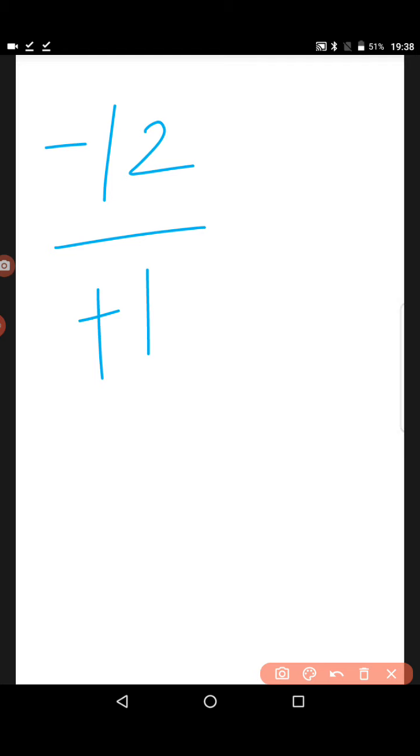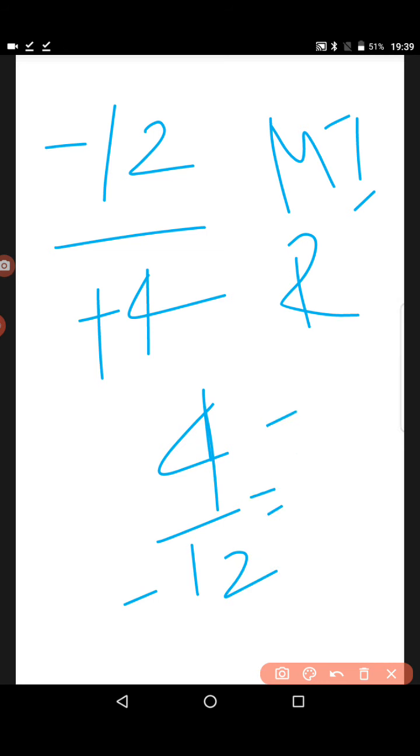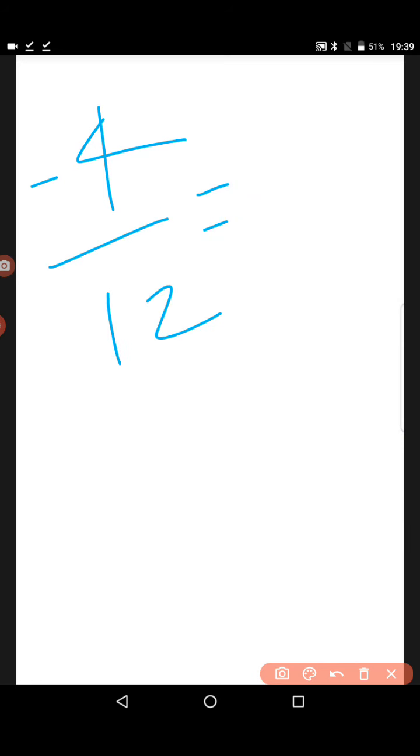Now let's look at one more thing. I have 12 by minus 4, no, let it be plus 4. Now I should find the multiplicative inverse or the reciprocal. So what should I do? I should just put it opposite, that is 4 by minus 12. But according to standard form, you should have the negative sign on top and positive below. So minus 4 by 12 is right.